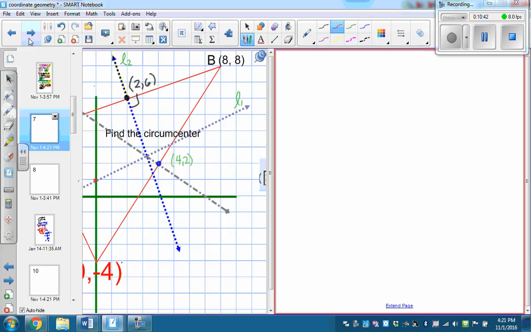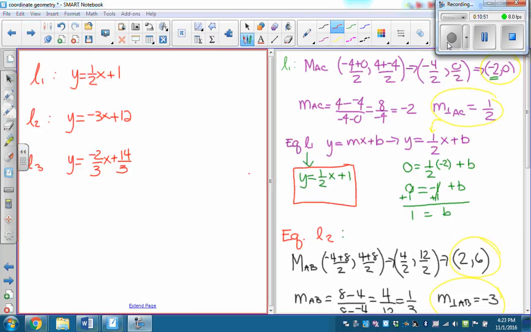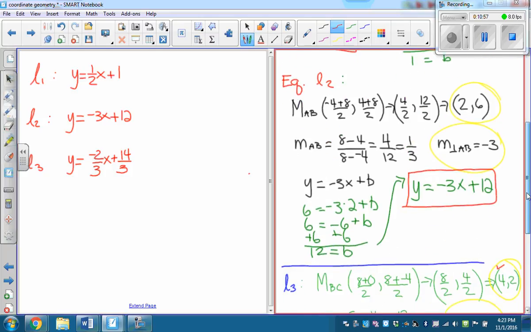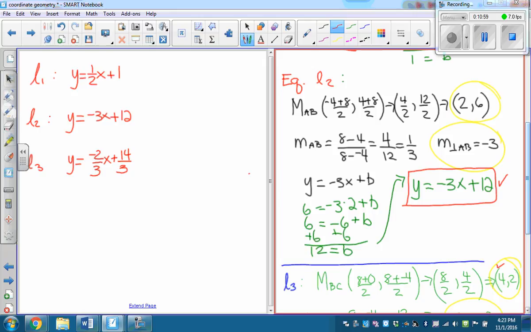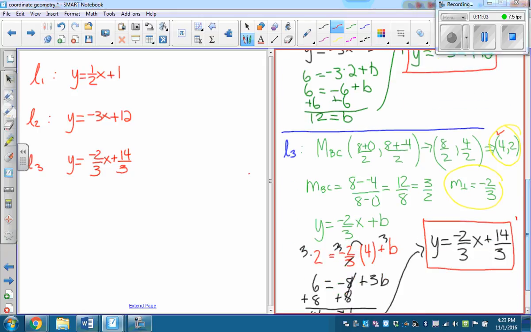I'm going to pause it and transfer all three equations to this page. So on the left here, I have equation 1, which you see at the top on the left, and then I copied equation 2, which is in the middle, and then I copied equation 3.